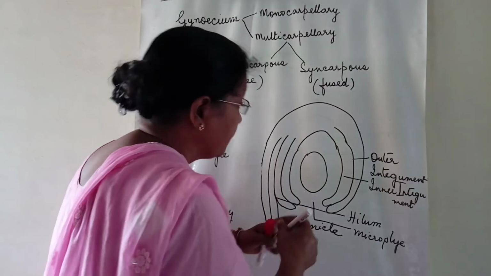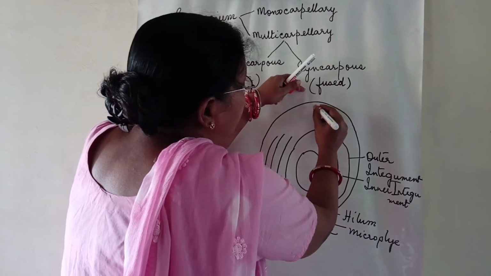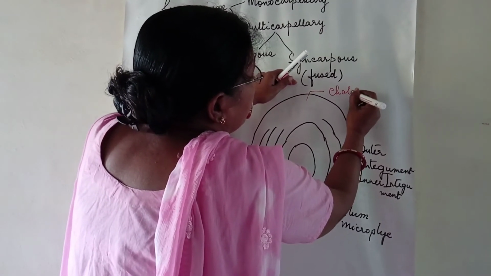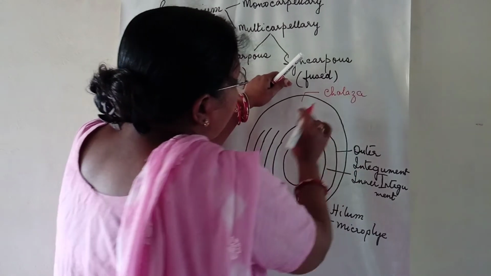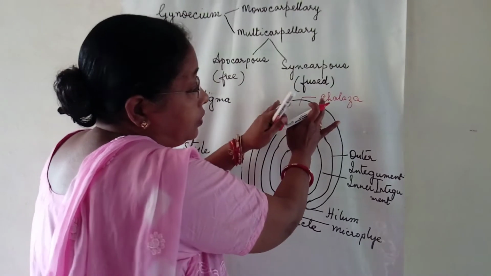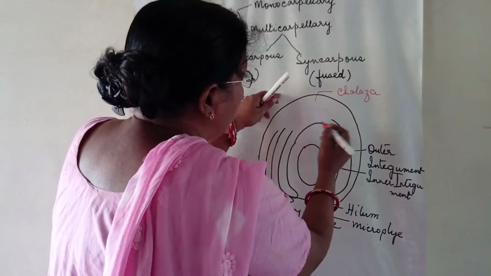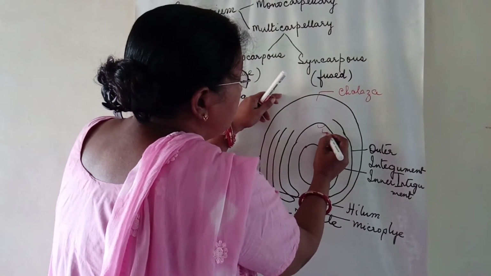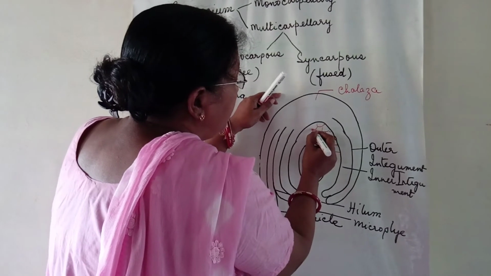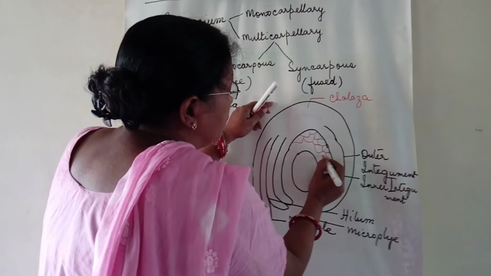Inside this, the upper basal region is the chalaza, which is just opposite to the micropylar end. The chalaza is actually the basal part of the ovule. Now inside this, there are dense parenchymatous cells which are known as nucellus.